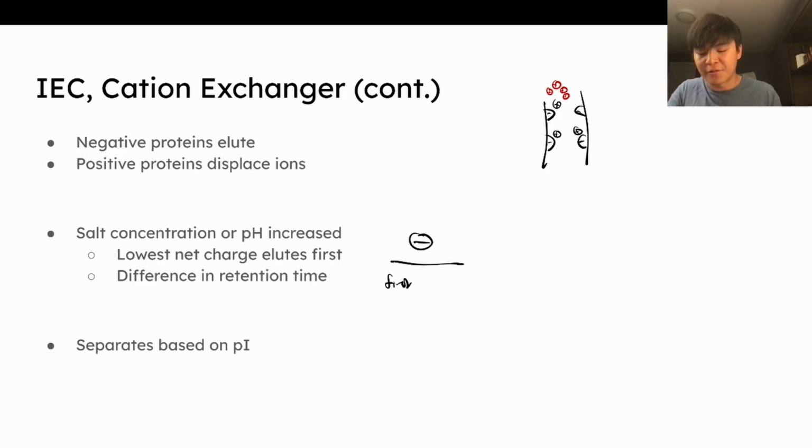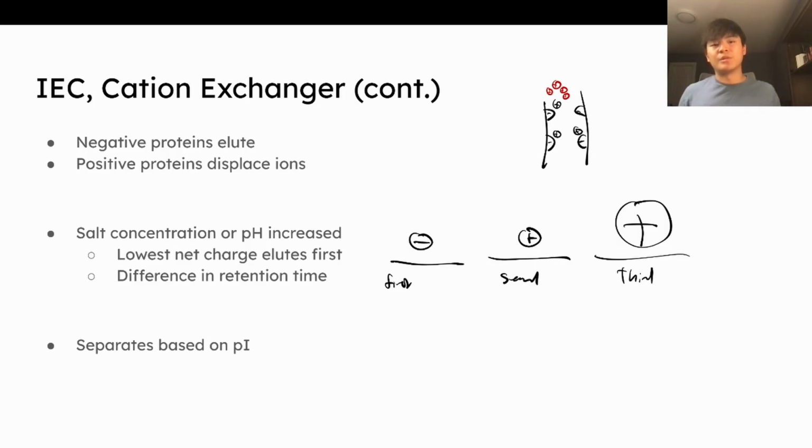First, we have our negative proteins. Makes sense, right? That is the no chance. Second one are positive proteins that are kind of positive. And third, lastly, we have our mega positive proteins that could really stay onto the bead. And so that's how we've separated these different fractions, and these proteins have different retention times.